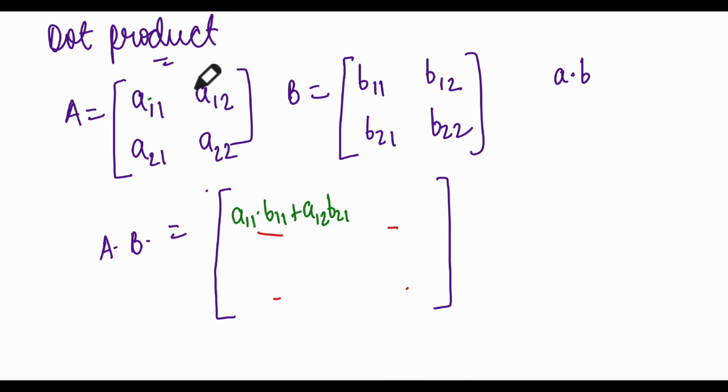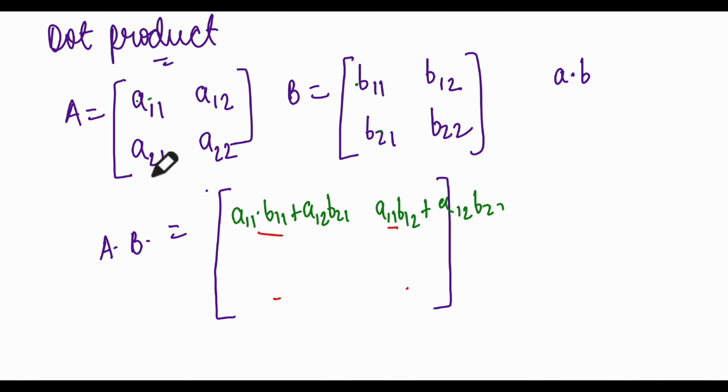This is the rule: row 1 column 1 will multiply with this one, and this will multiply with this one. Now similarly, to get the second element, A11 will multiply with B12, so it will be A11 B12 plus A12 B22. This is how it is going to do.